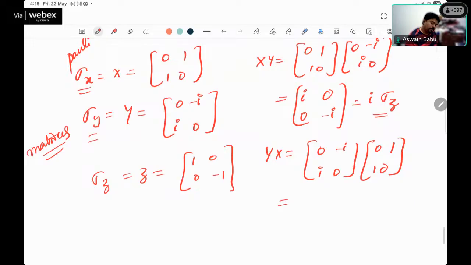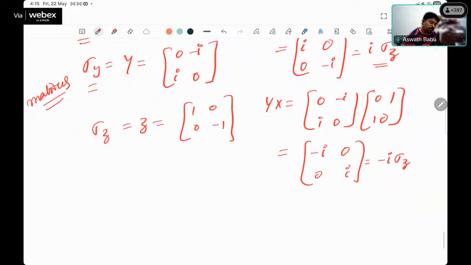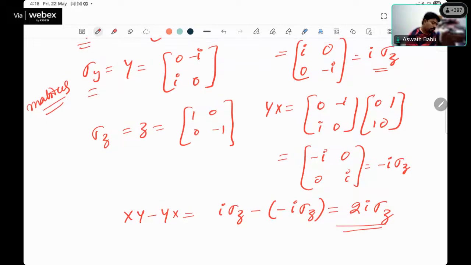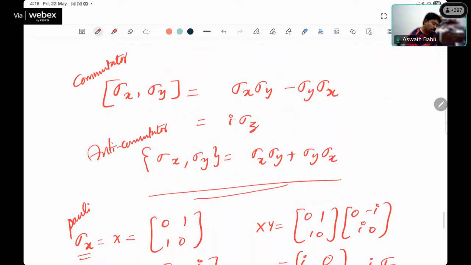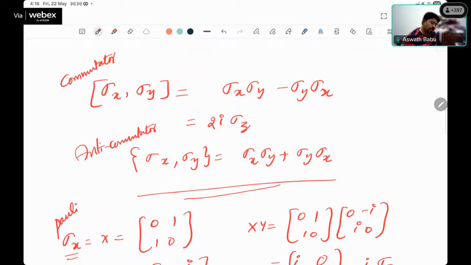Let me calculate this. Okay, so what is the first element? First element is -i, second element is 0, third element is 0, fourth element is i. What is this one? This is -i sigma z. Okay, now you take the difference, xy minus yx. What is this? i sigma z minus of minus i sigma z. What is this? 2i sigma z. Okay, so that is what I have here. Okay, factor of 2 missing, you can add.